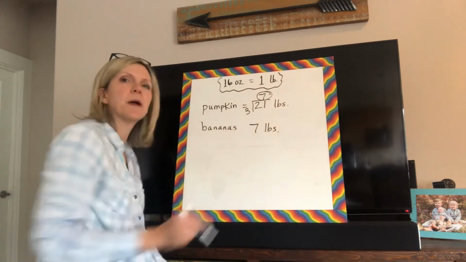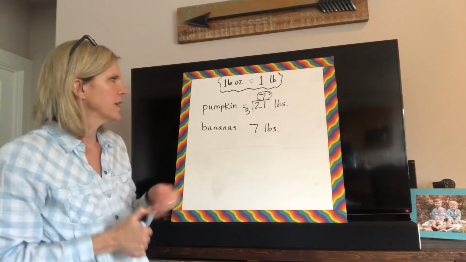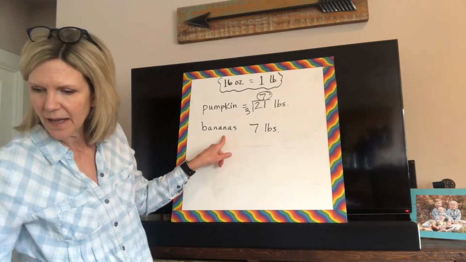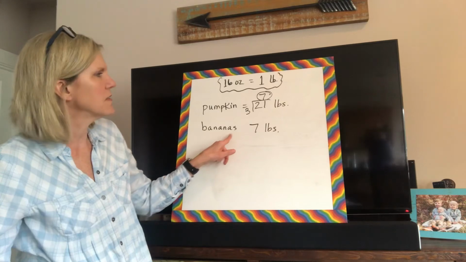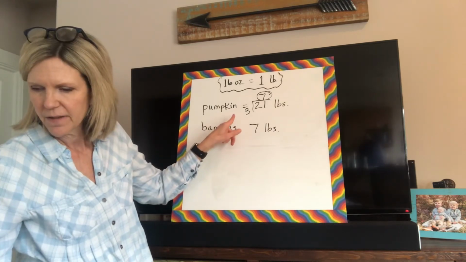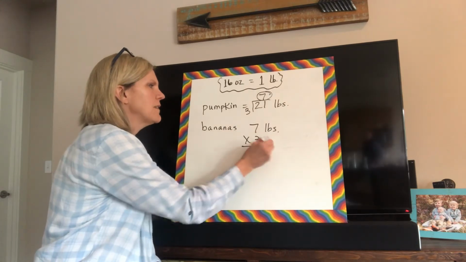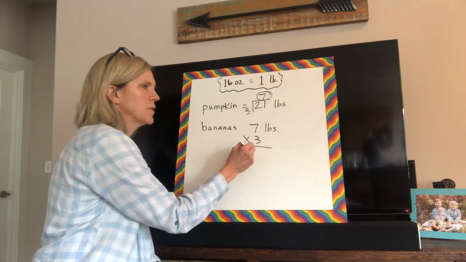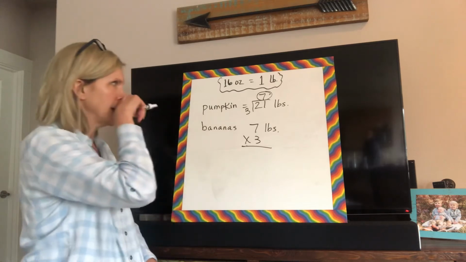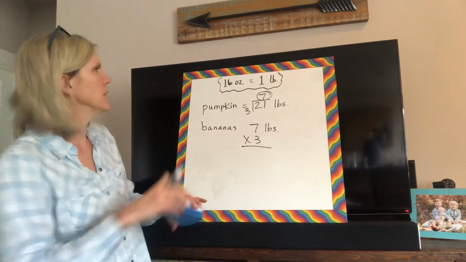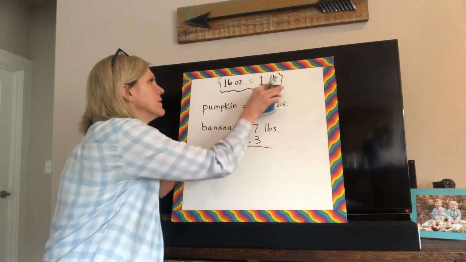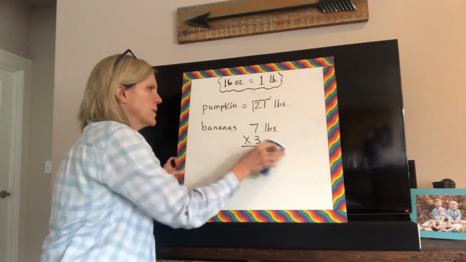Now let's think about that real quick and just double check. If we said that the pumpkin is 7 times heavier than the bananas, then we would say the pumpkin is 7 times heavier. Oops, I did that wrong. Mrs. Simonowski did that wrong. I should have had a 7 here. I hope that didn't confuse you.